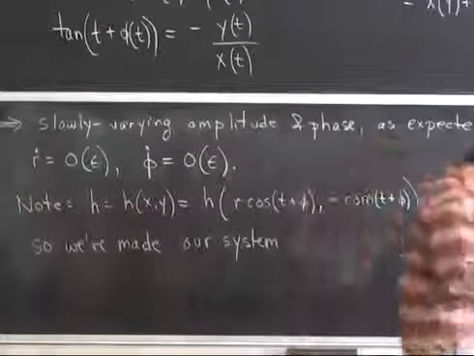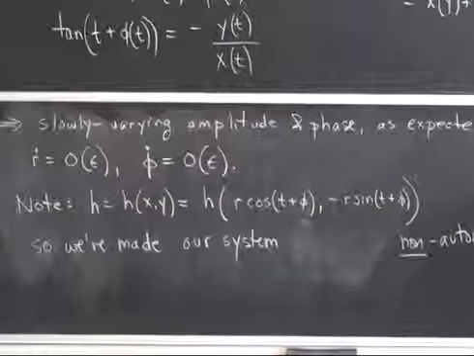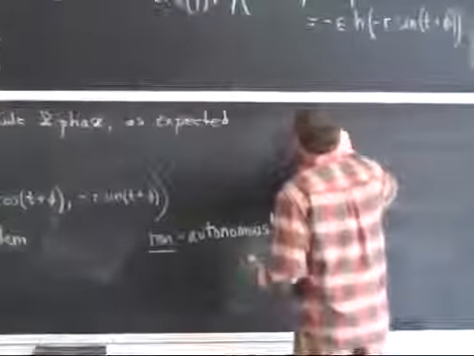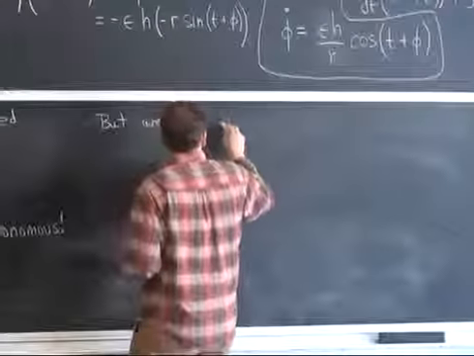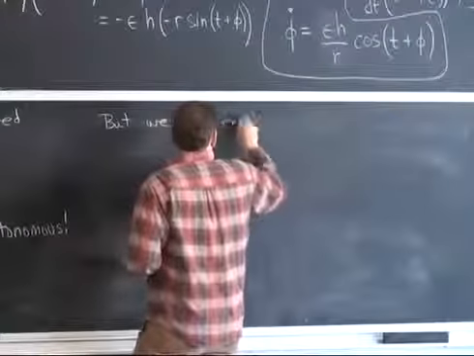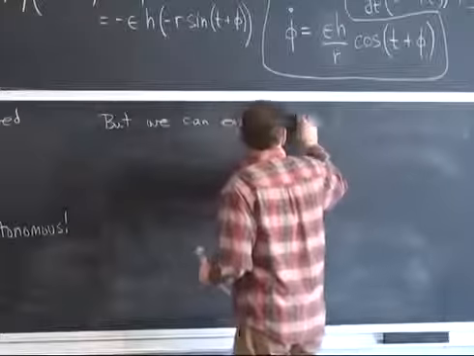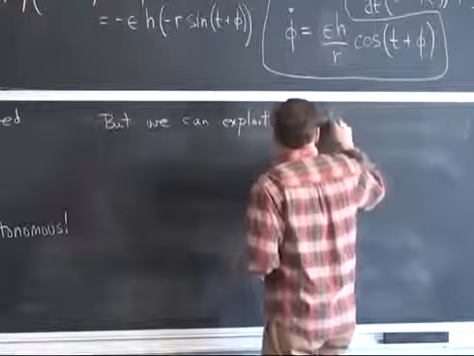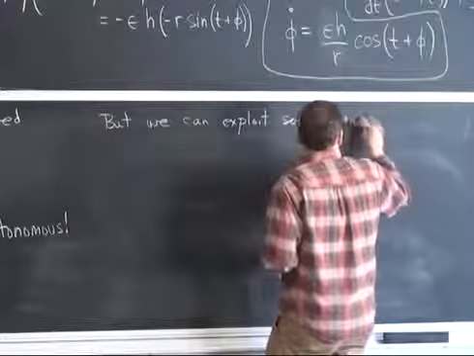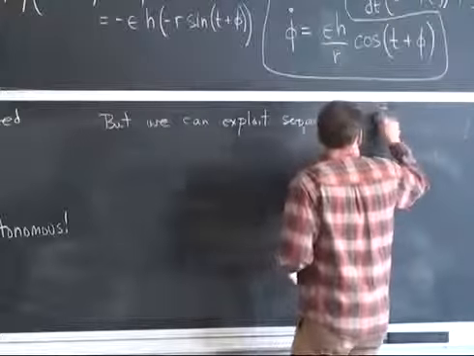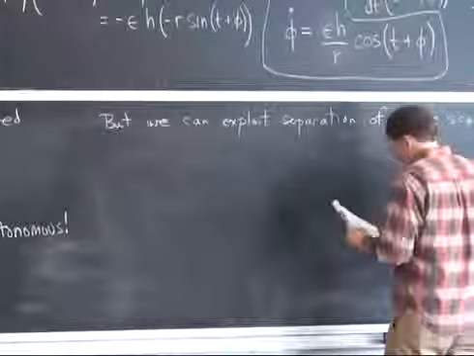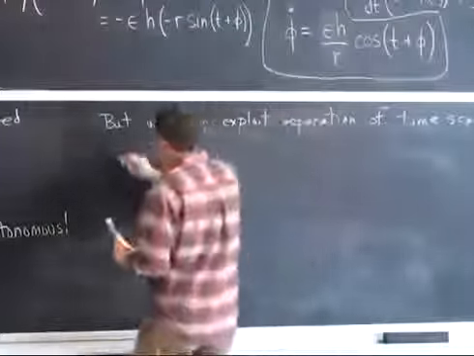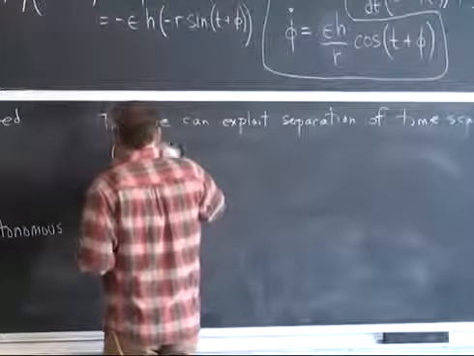Okay. So, now what? As I say, we're going to exploit the separation of timescales. That is the fast oscillation versus the slow drift.